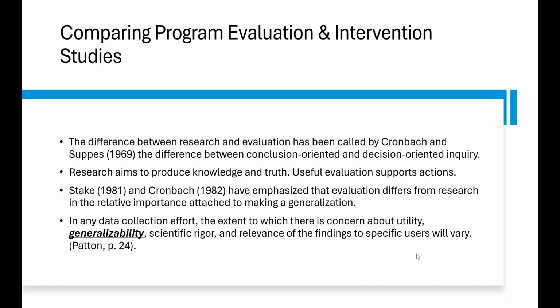And I'm sorry, I forgot to mention, the book is Utilization-Focused Evaluation, the third edition by Michael Quinn Patton. I'll reference it throughout this presentation, but that's the book that I'm referring to.